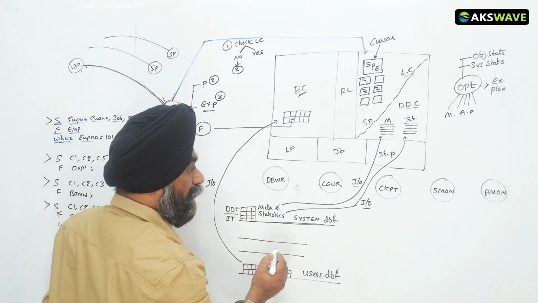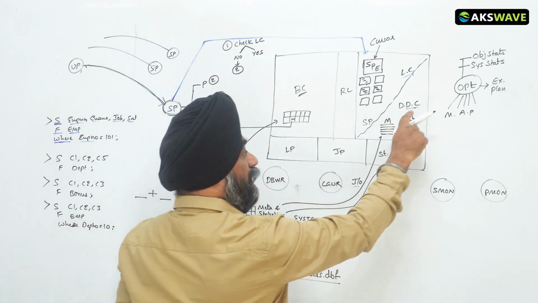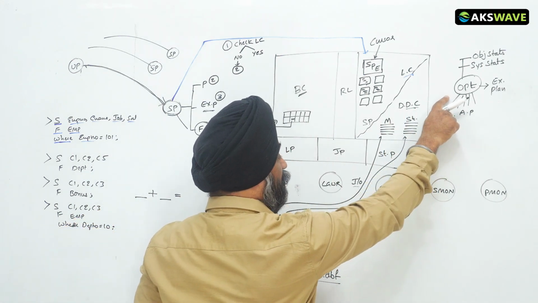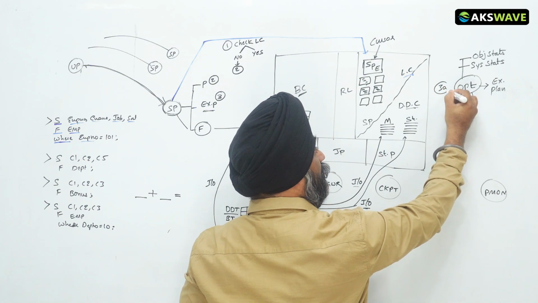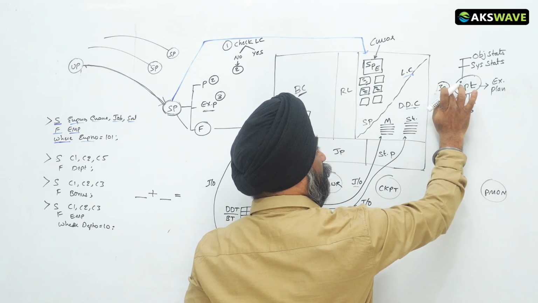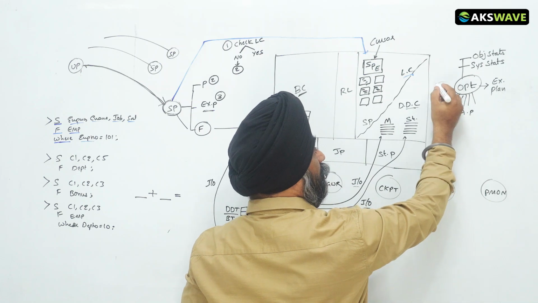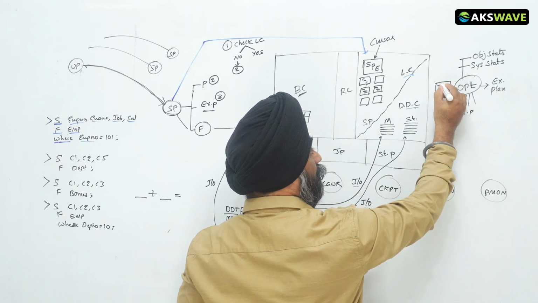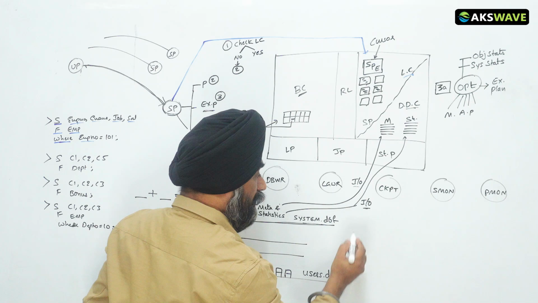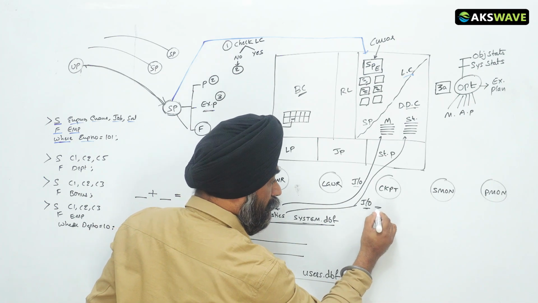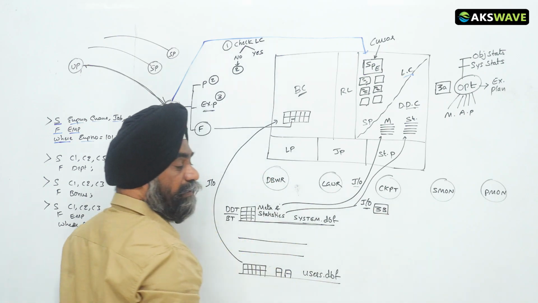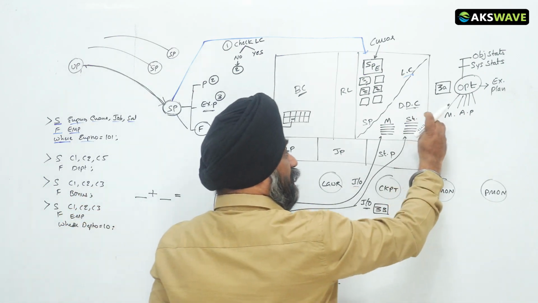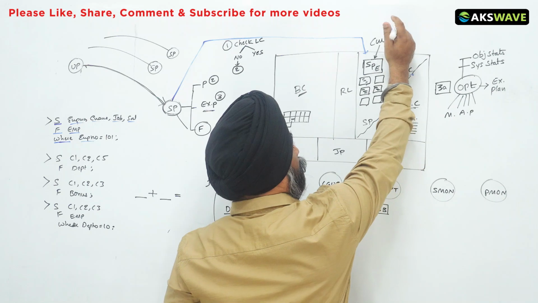In the execution plan, it is going to check the statistics, where the optimizer comes in. That is my 3A. Then using this plan, finally what?